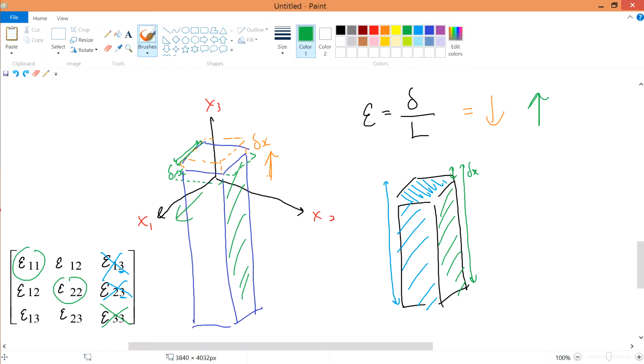So I hope this is pretty clear, and I believe this is quite straightforward for you already. 1,2: you're talking about this plane stretching in this direction, so you're talking about this little length, which I should say is delta x. Strain 1,2 and strain 2,1 are symmetric, and therefore this is actually 3 strains.